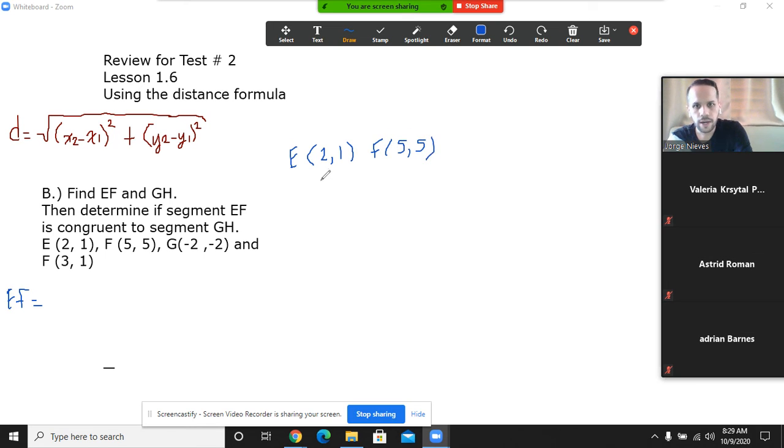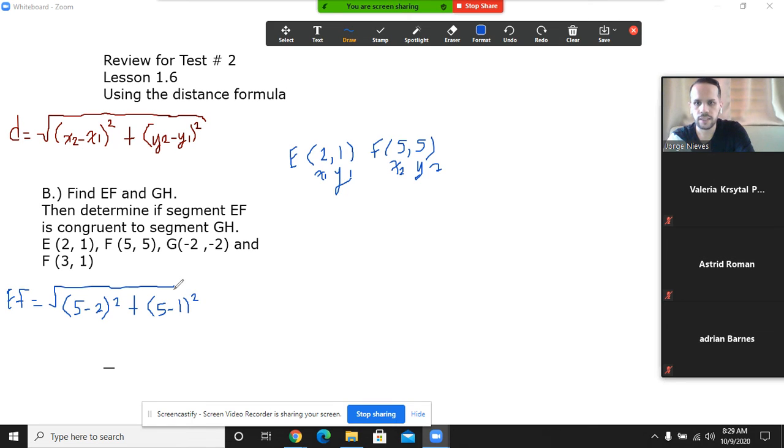This is x1, y1, x2, and y2. So let's plug this into the distance formula very quick. We have x2 minus x1, which is 5 minus 2 to the square, plus y2 minus y1, that is 5 minus 1 to the square.